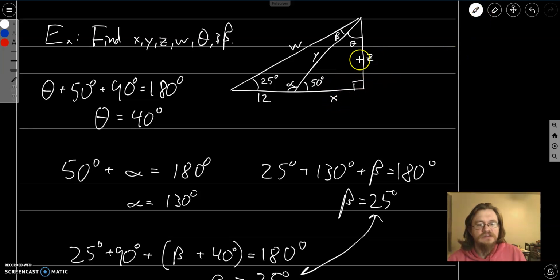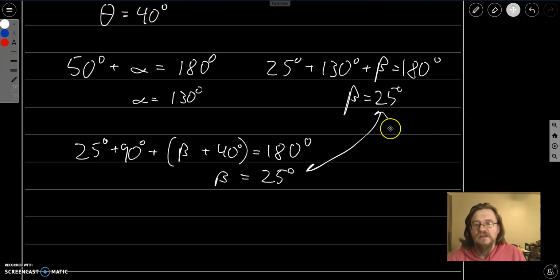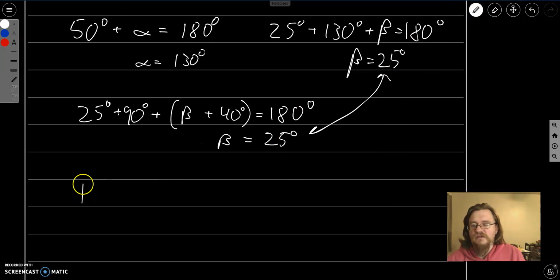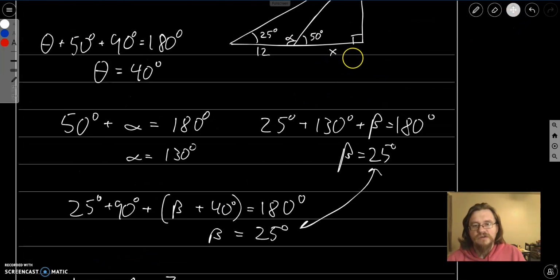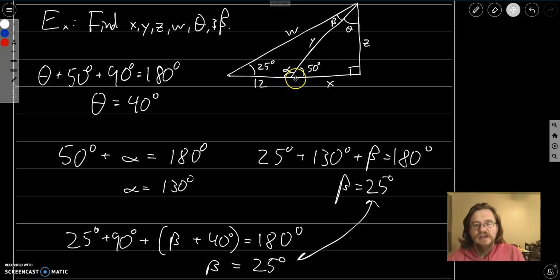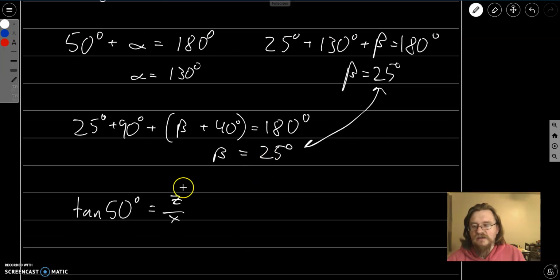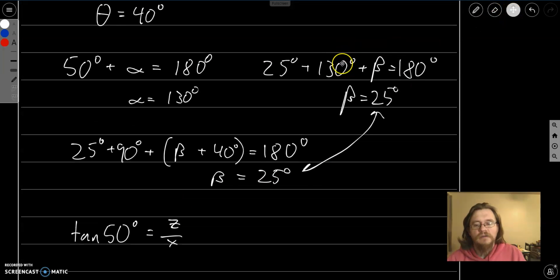Let's look at the relationship between z and x. Z is the opposite side to the 50-degree angle. X is the adjacent side to the 50-degree angle. So the tangent of 50 should be equal to z over x. Again, tangent should be opposite over adjacent. Here's the opposite side, here's the adjacent side. Nice. So tangent of 50 is z over x.